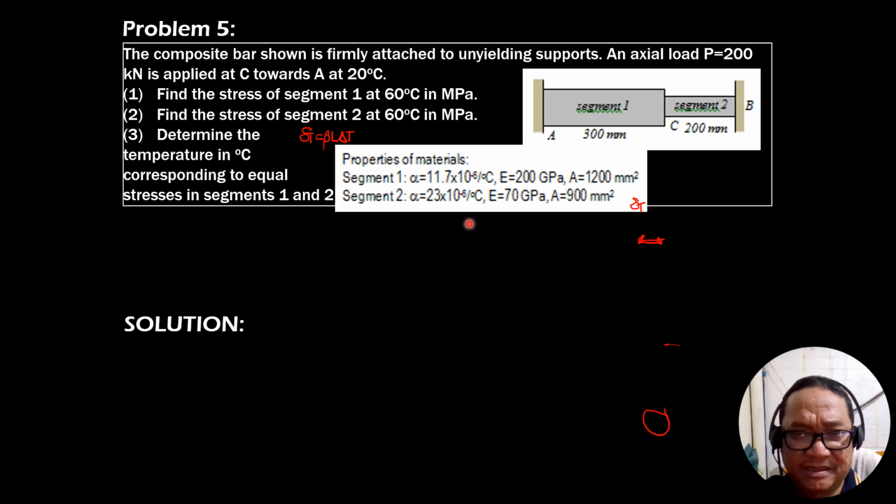Then E is 70 gigapascals, area is 900 mm square. This may be bronze or aluminum, you know. Anyway, it's made of a different material. Segment 1 is definitely steel.